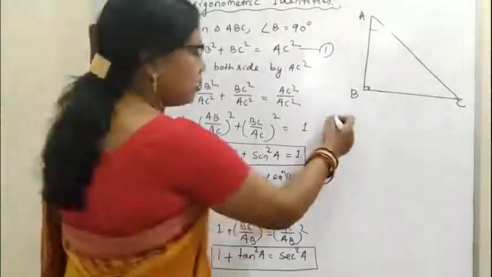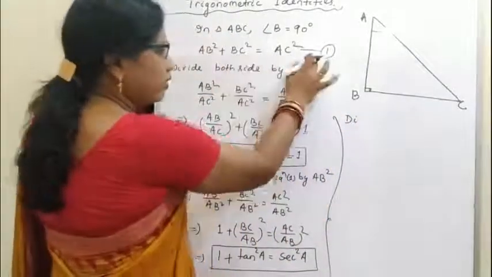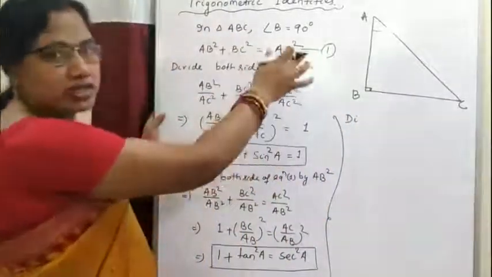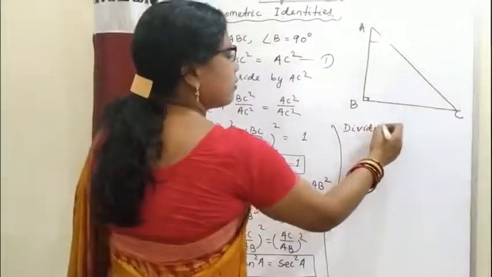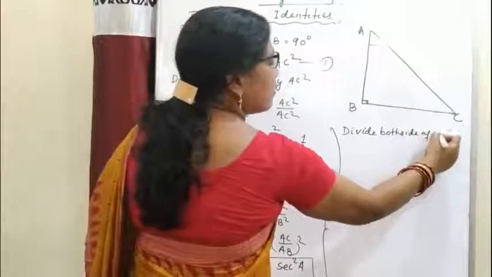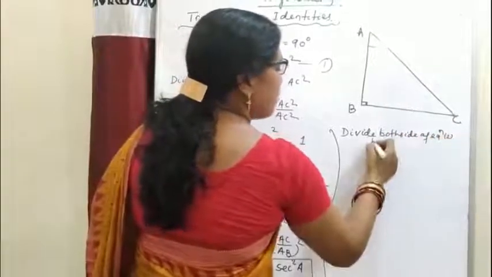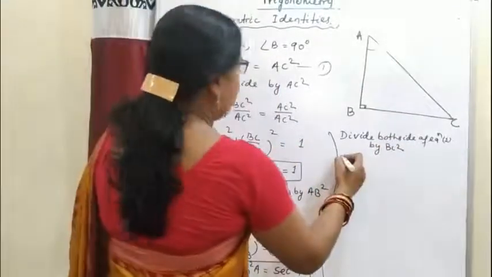Next, for the third identity, we have to divide both sides of equation 1 by BC square. Then what will we get?